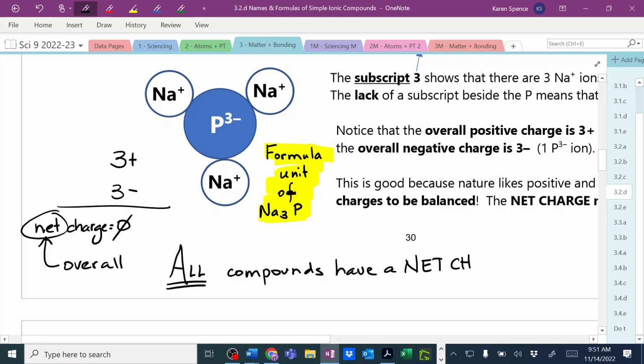All compounds have a net charge equal to 0. All of them, all the time. And one way we'll express that is we'll say that the charges have to be balanced. We balance out the positive and the negative.